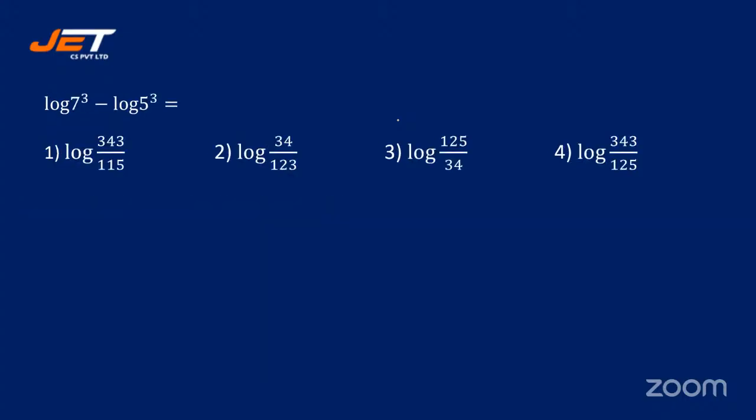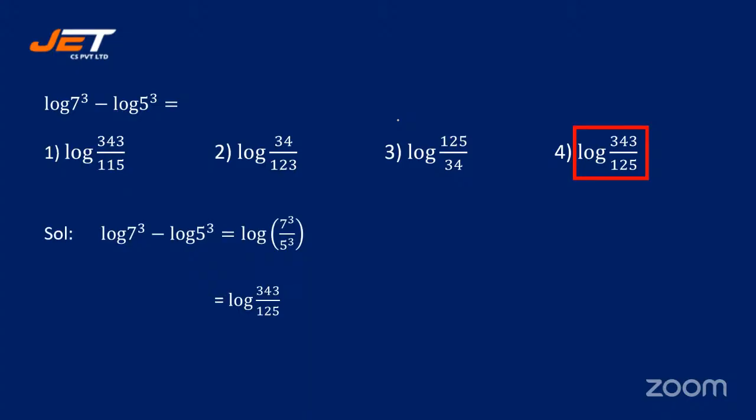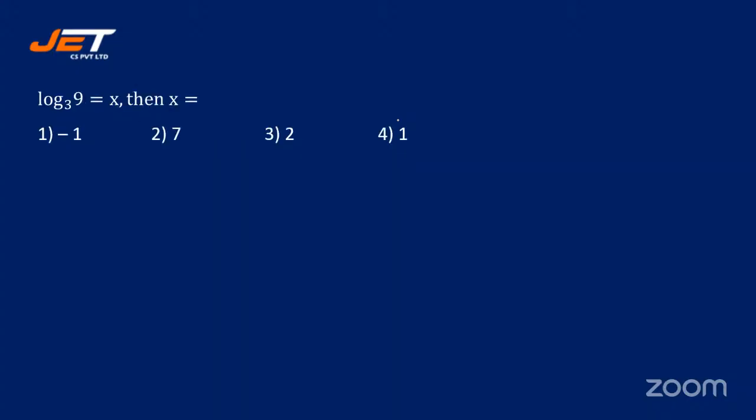Log 7 cube minus log 5 cube is dash. Log A minus log B is log A by B, isn't it? So it is log of 7 cube by 5 cube, which is 343 by 125. That is option 4. If you had opted for option 4, your answer is right.